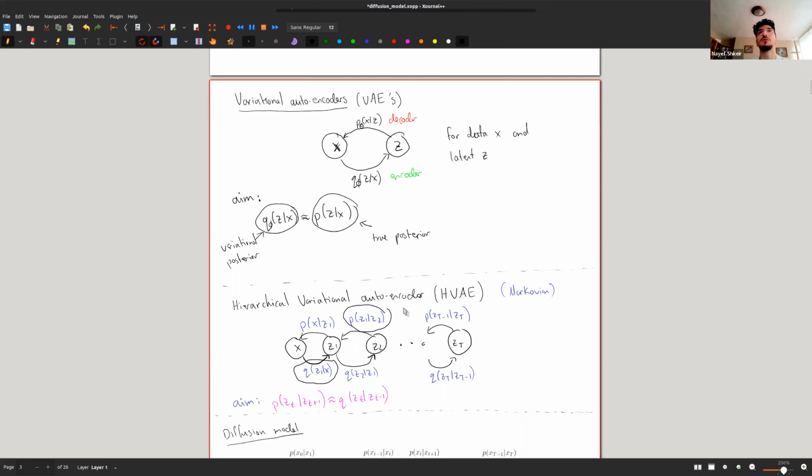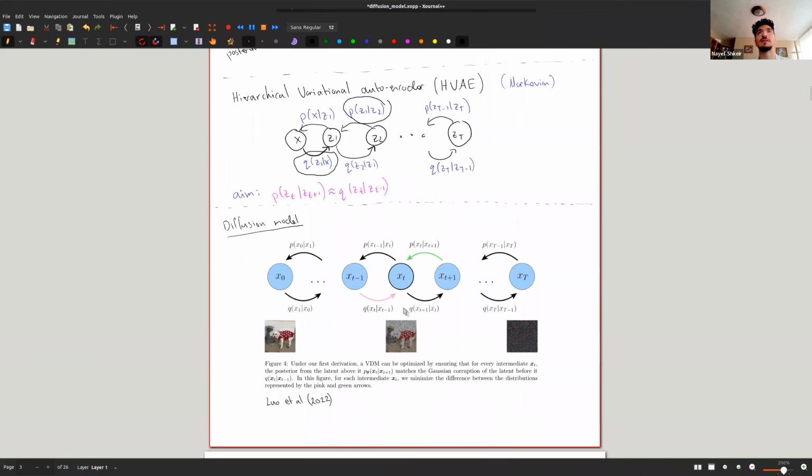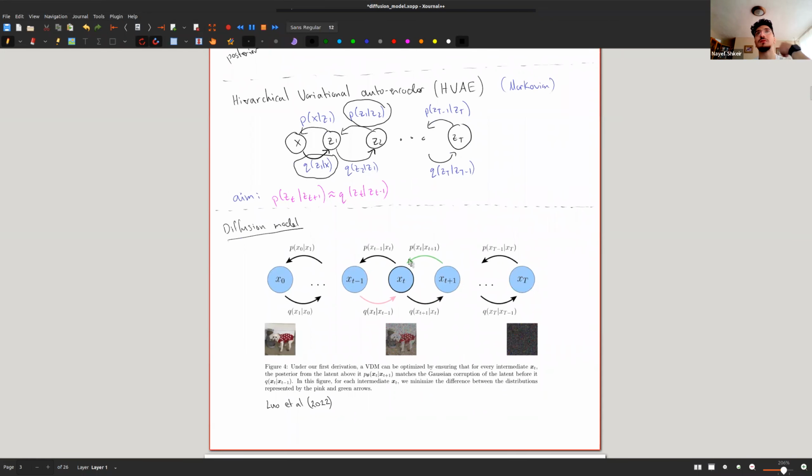So diffusion models are an instance of hierarchical variational autoencoders. The main idea of a diffusion model is you take an image X and push it into some latent Z, and then again, and you keep doing that T times until what you have left at the end is just pure Gaussian noise.